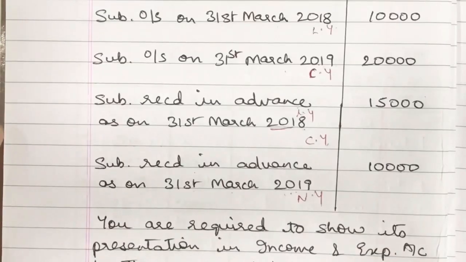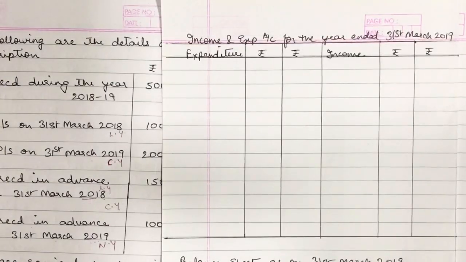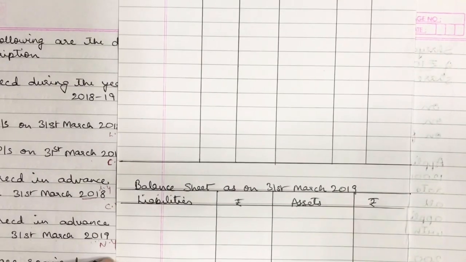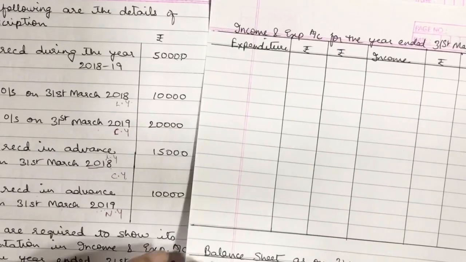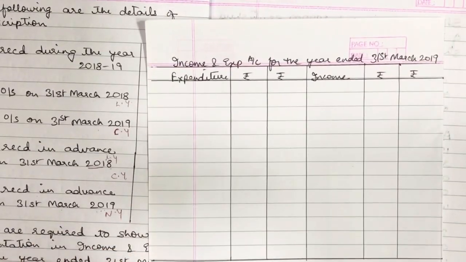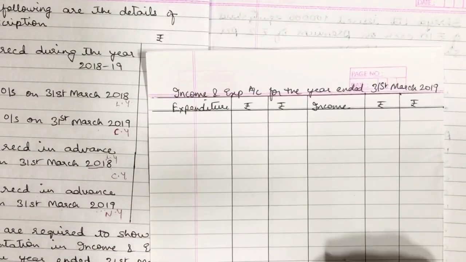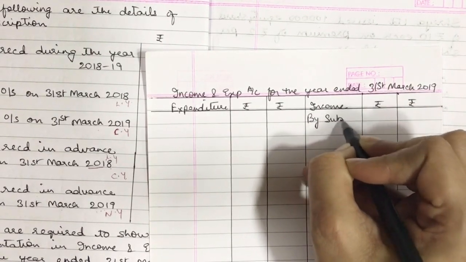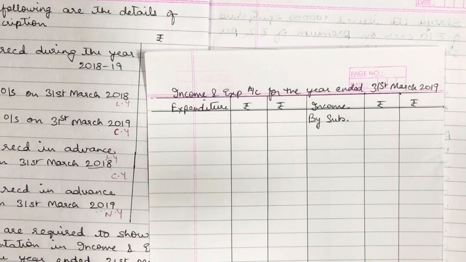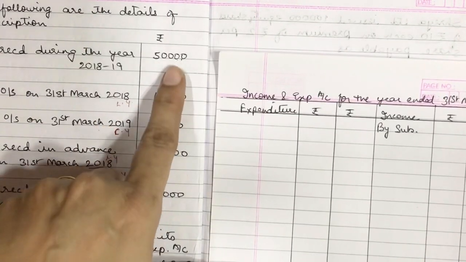So let us do this sum. Now see, this is the income and expenditure account, and this is the balance sheet that is asked of us. Now let's start. Subscription being income, it will go on the income side, by subscription. Now how much is received during the year? 50,000.